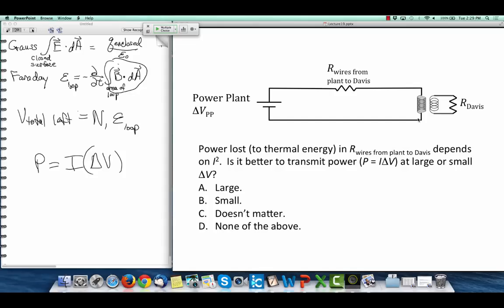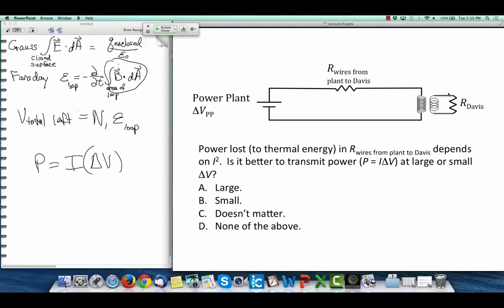So what I've done is I pretended that these wires had zero resistance, and then I put a resistor in just to compensate for that because there is a resistance in this circuit. It's the wires. So I just put it in there and say, this is the total resistance of the wires. We'll just pretend it sits right there. Nothing else in this thing has resistance except for Davis, the city.